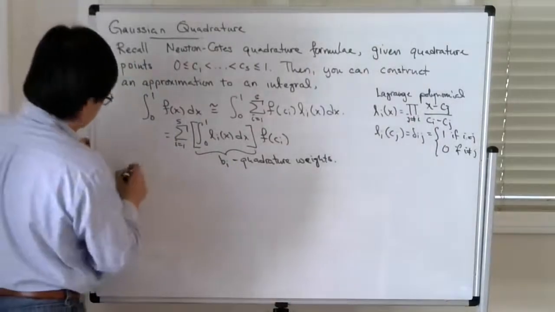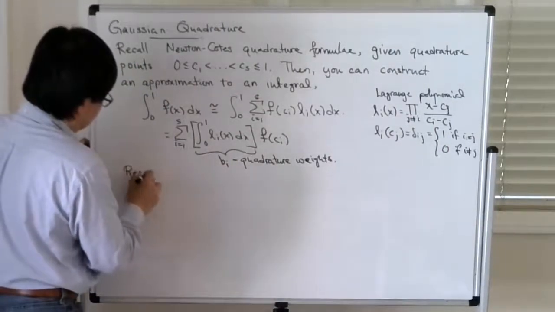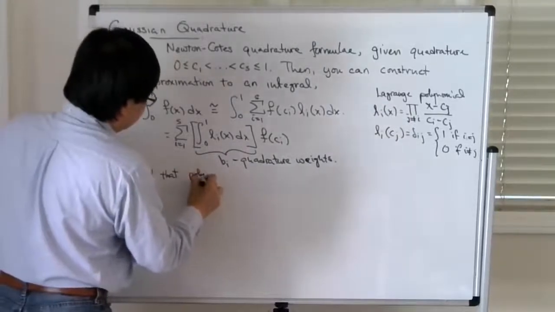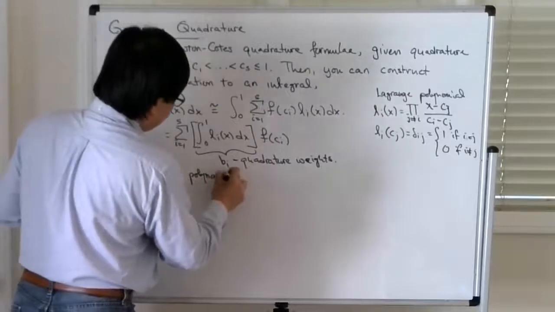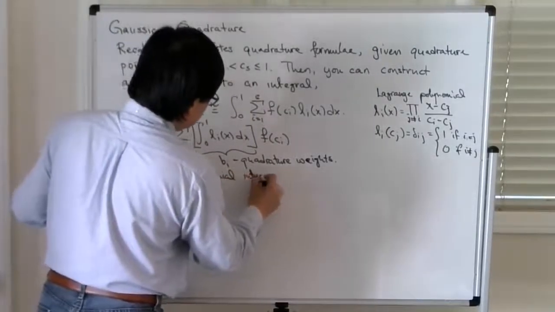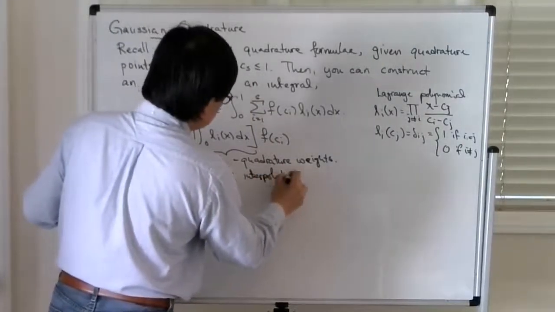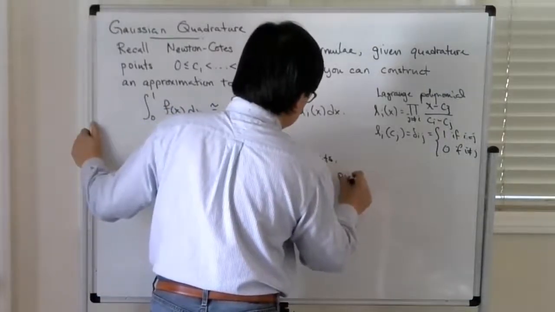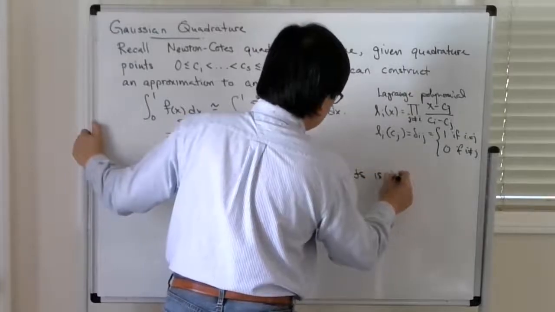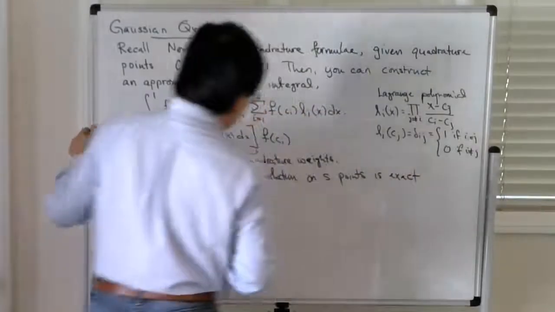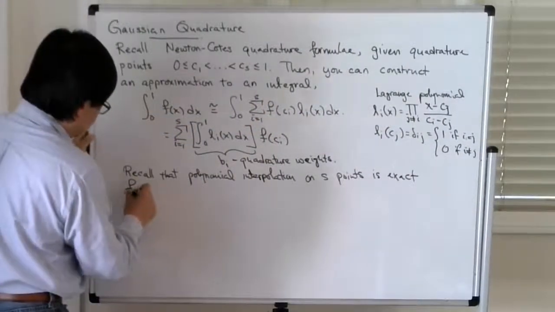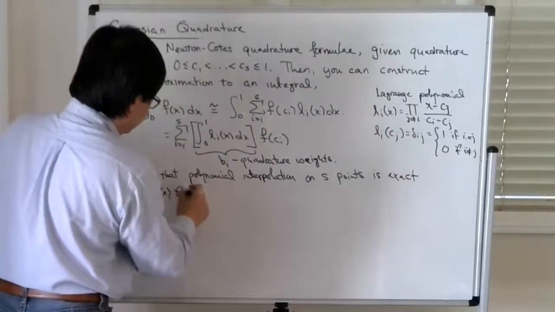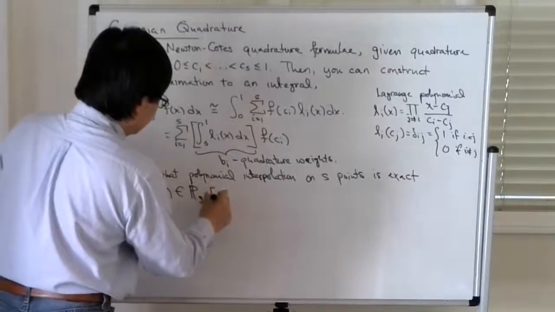So recall that polynomial interpolation on s points is exact for functions f of x which are in the space of polynomials up to degree s minus 1 in x.